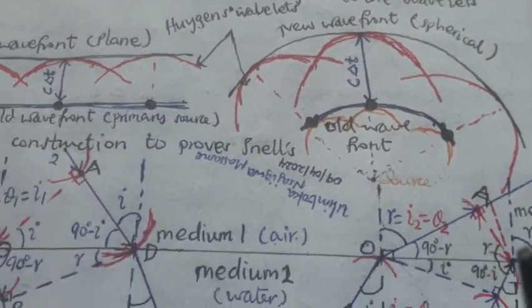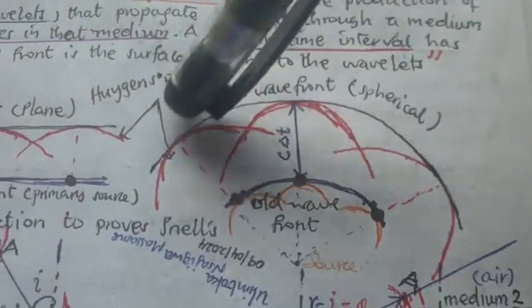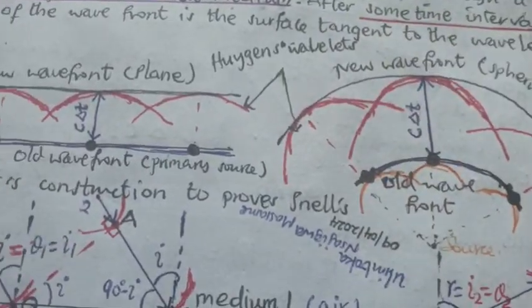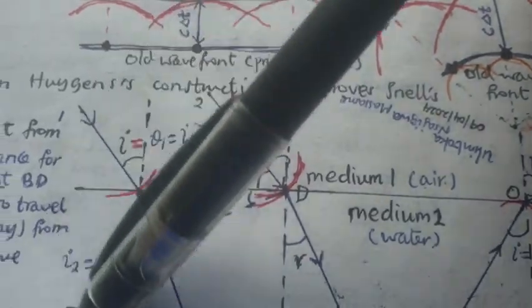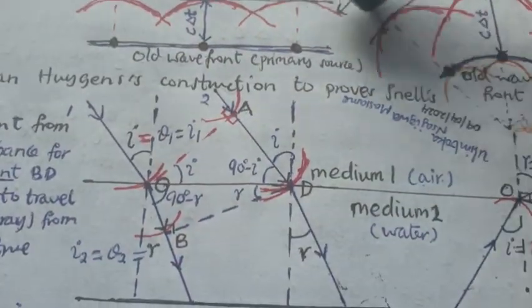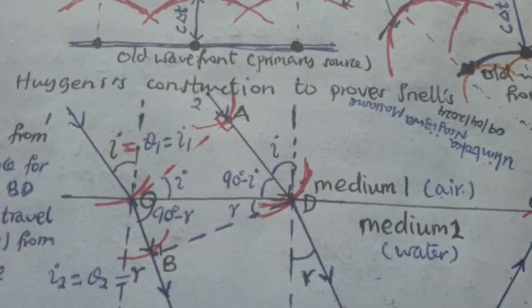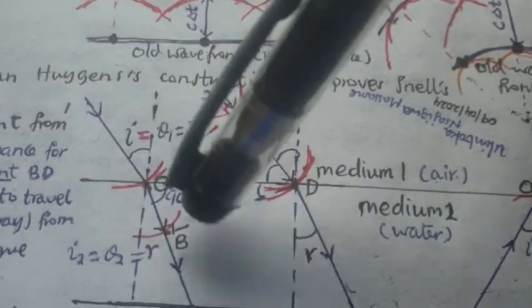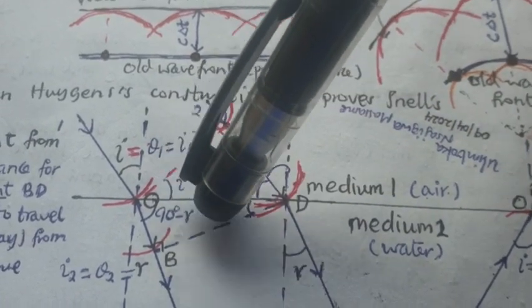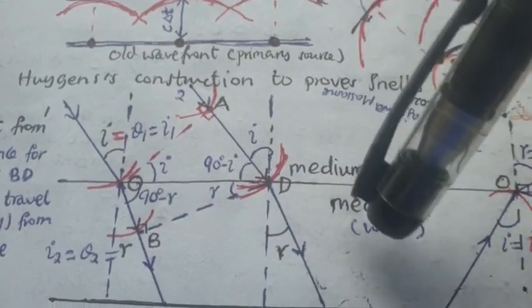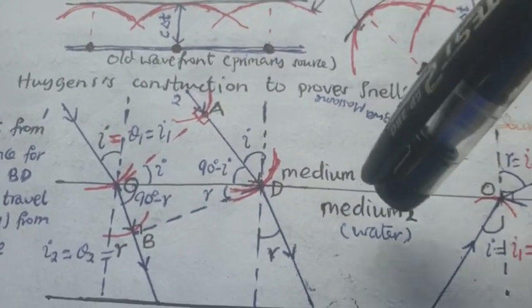Now, after understanding the concept of Huygens postulates, let us see the Huygens construction to prove Snell's law. Snell's law states that the ratio of the sine of incidence to the sine of refraction is constant for the given pair of media. Here we have two media, as from our question: air and water.